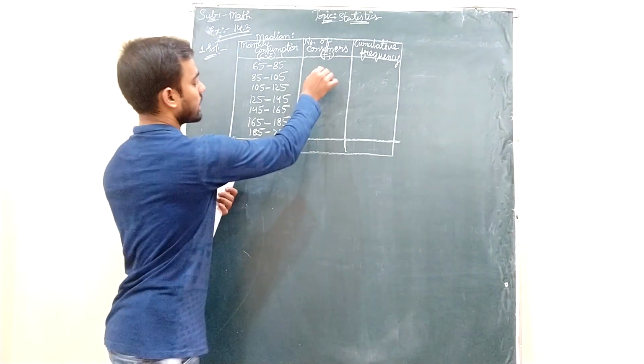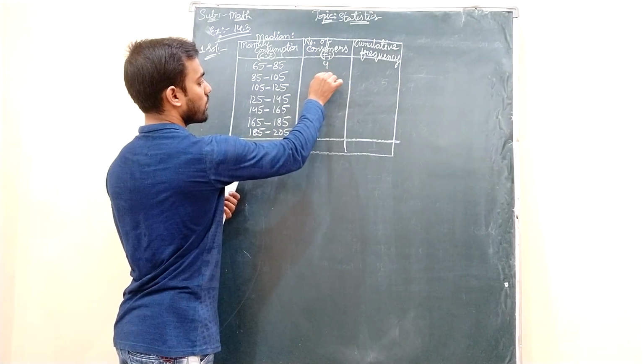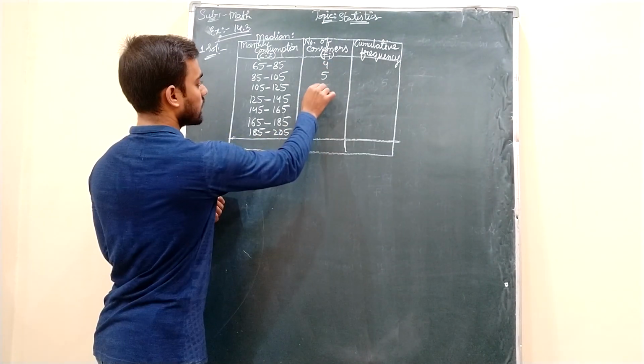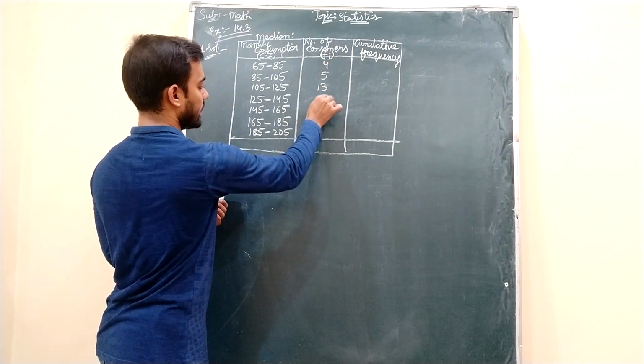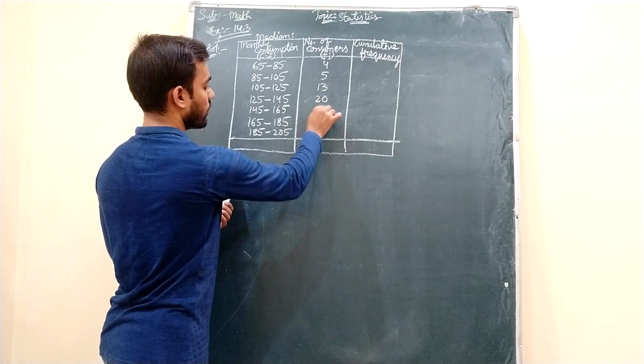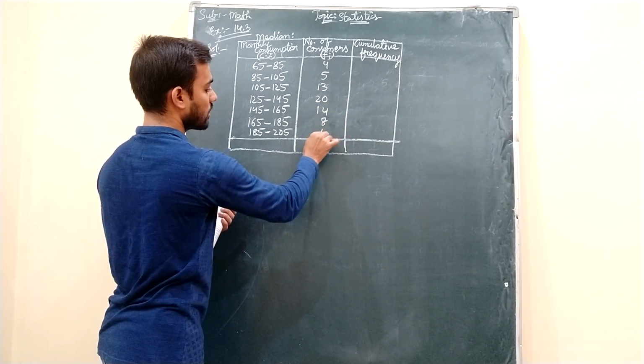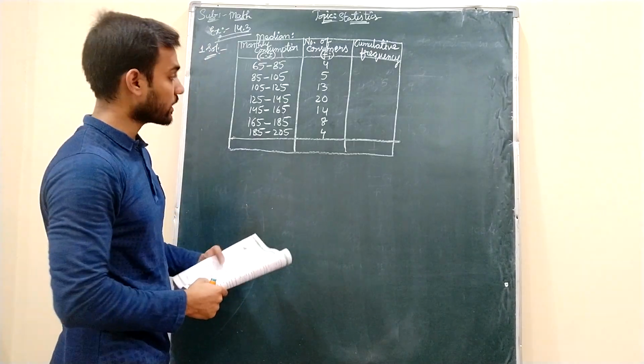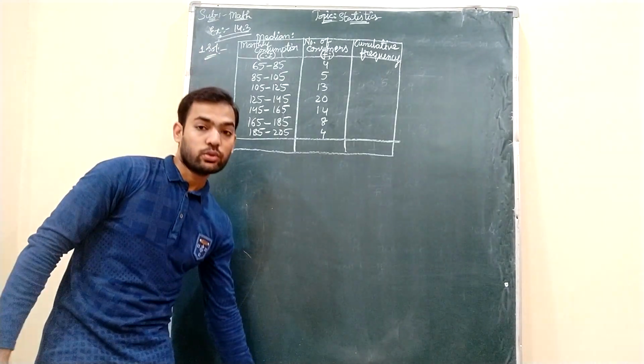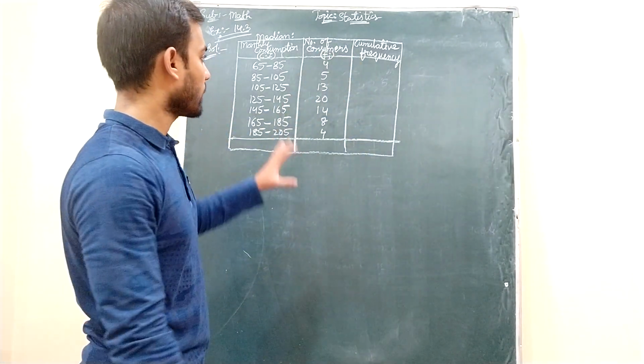And the number of consumers corresponding to the class intervals are 4, 5, 13, 20, 14, 8, 4.